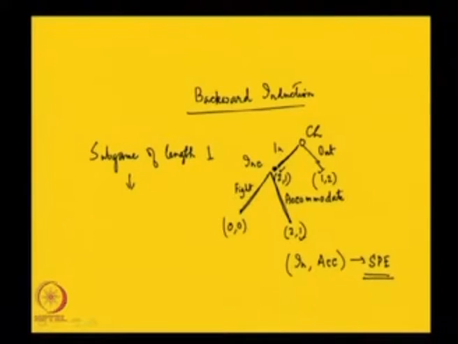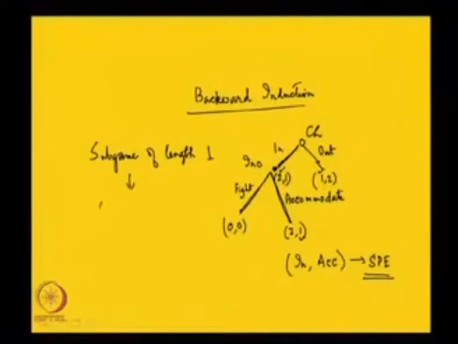So, I take each and every subgame of length 1 and I look at the player who is to move at the beginning of those subgames. For each of these players, I try to find out what their optimal action is, or in many cases actions, not action, because there can be more than one action which is optimal.